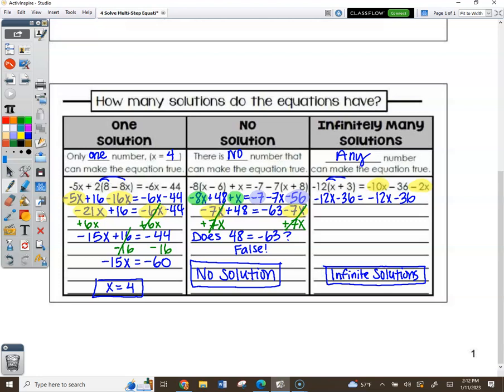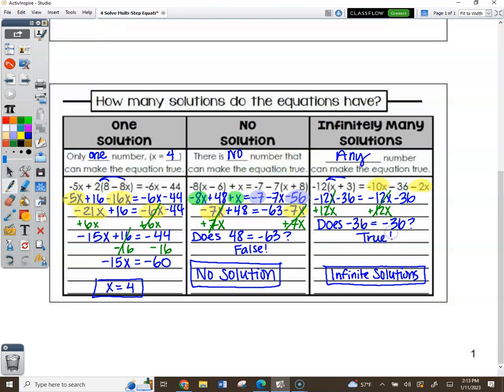Now, what if you're just going through the motions and you didn't recognize that they matched? Let's say you started moving the variable to the other side. You end up with negative 36 equals negative 36. So just like right here, that's a statement, and you ask yourself, well, does negative 36 equal negative 36?